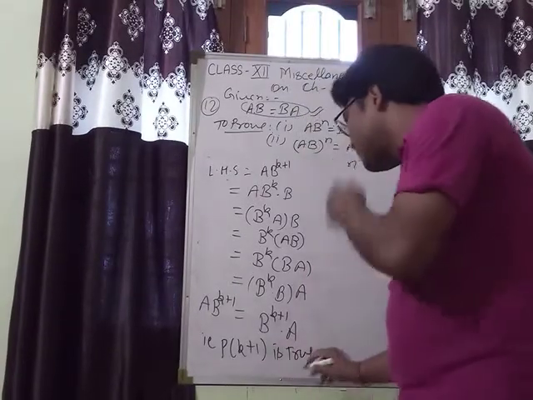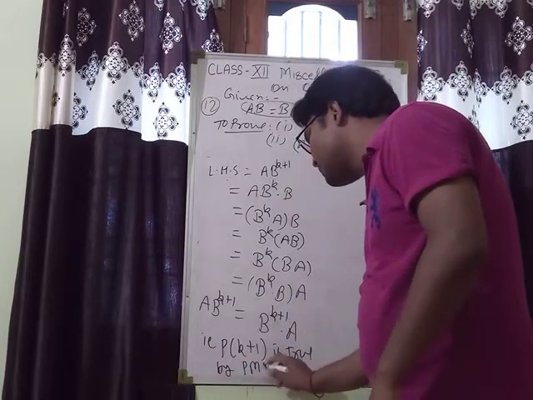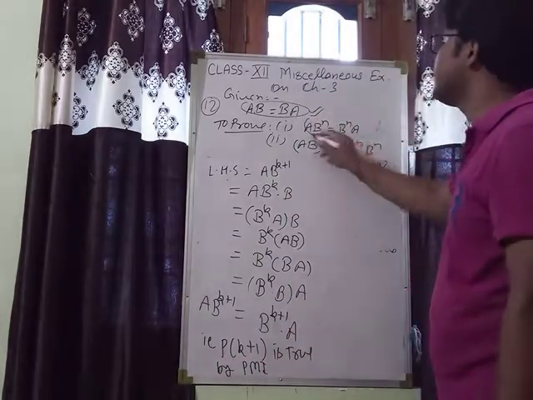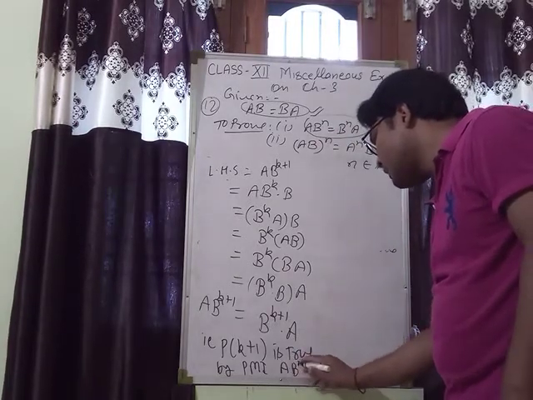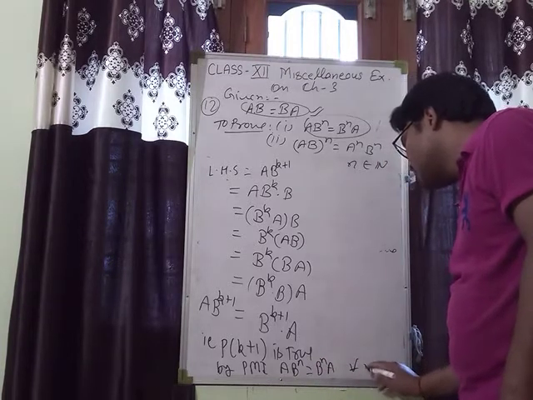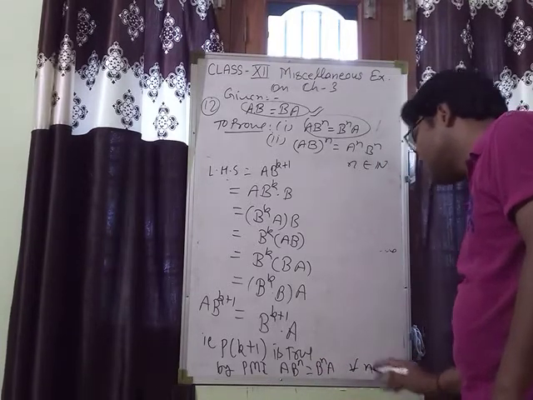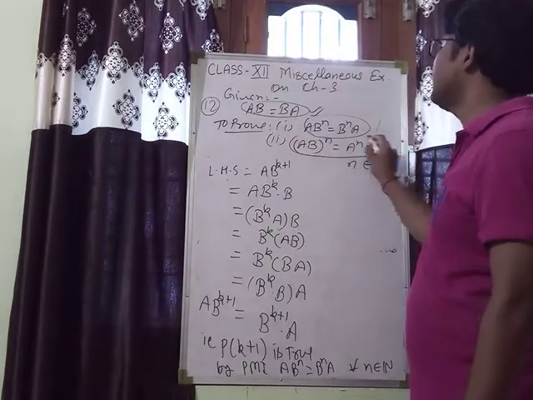So by PMI, principle of mathematical induction, this statement is true for all n: AB to the power n is equal to B to the power n A for all n belongs to natural numbers.